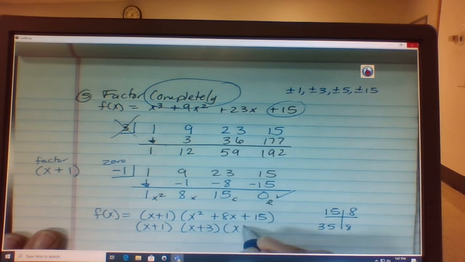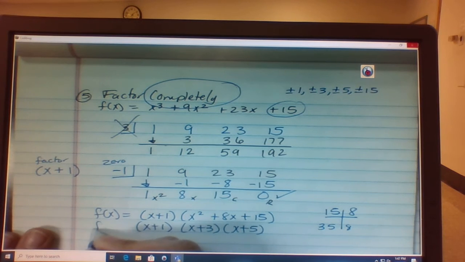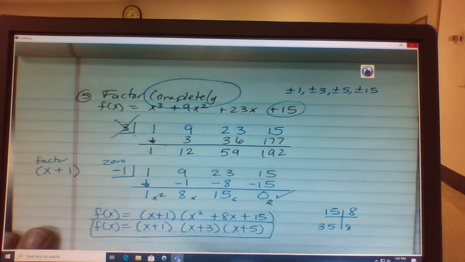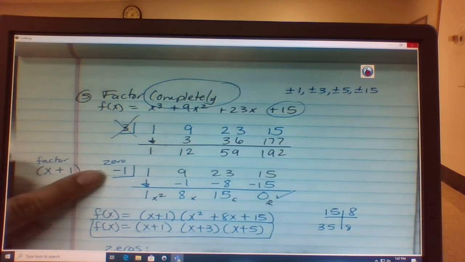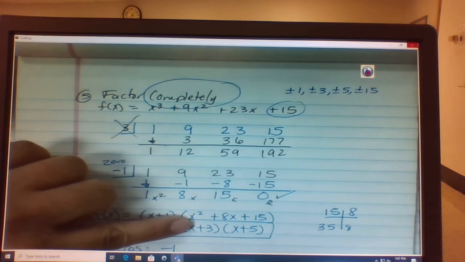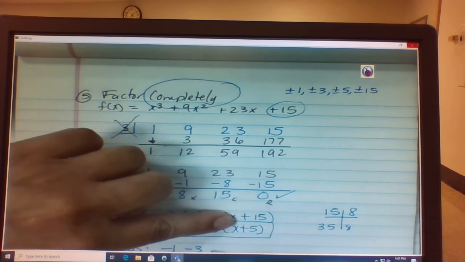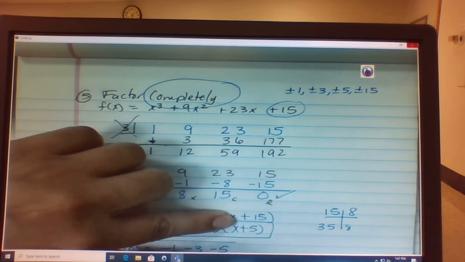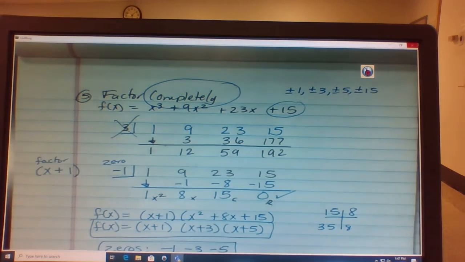And this becomes x plus 5. You have factored it out completely. Who are the zeros? Negative 1. This is going to become a what? Negative 3. And this is going to become a negative 5. Factored out completely, and these are your zeros.